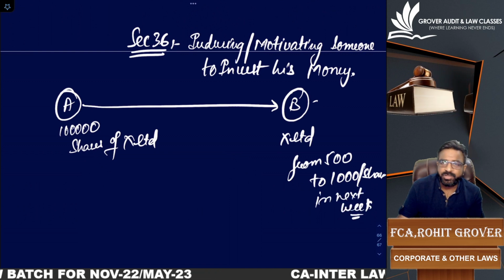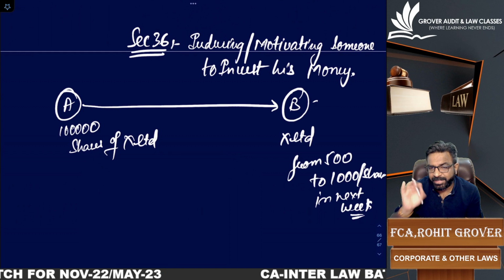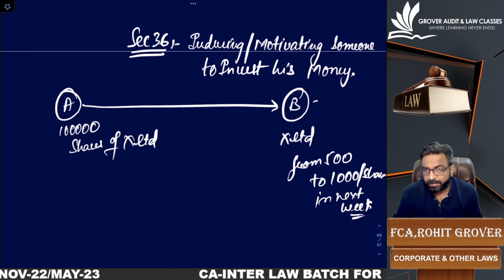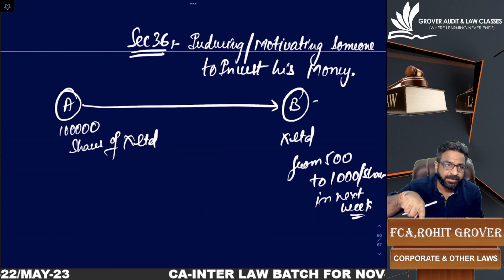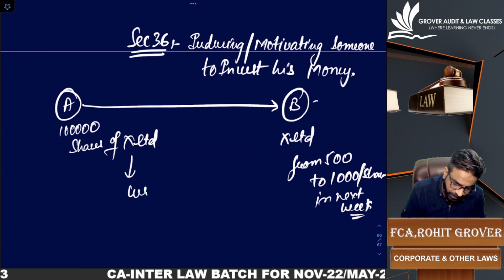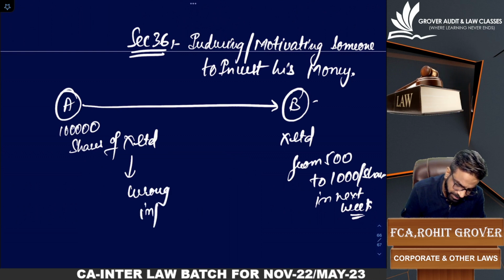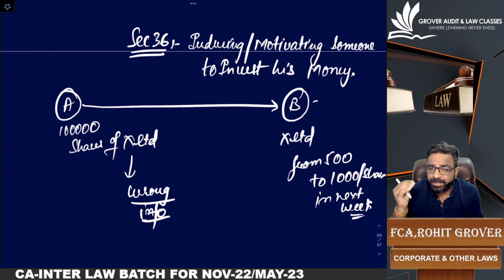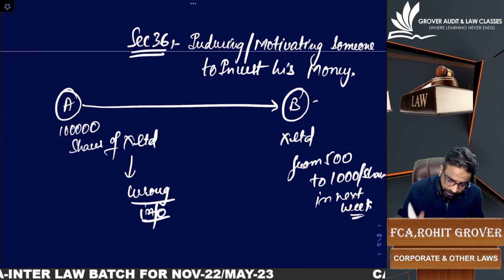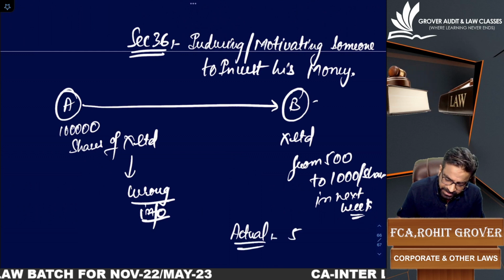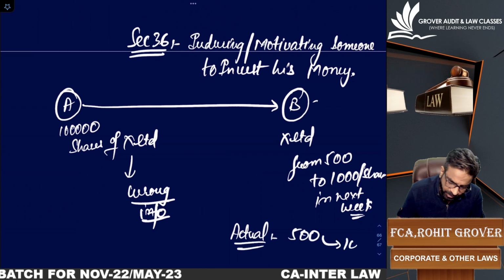Now tell me, is he showing him double the profits in the next 1 week or not? Yes, but from inside, A already knew that it was wrong information. Rather, the X Limited price is going to go down from 500 to 100.